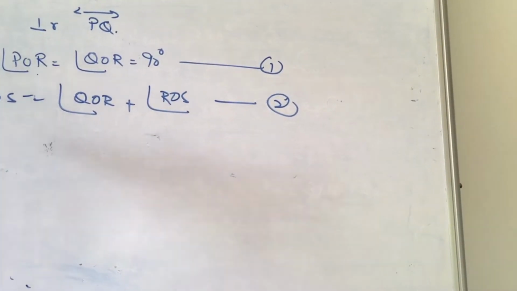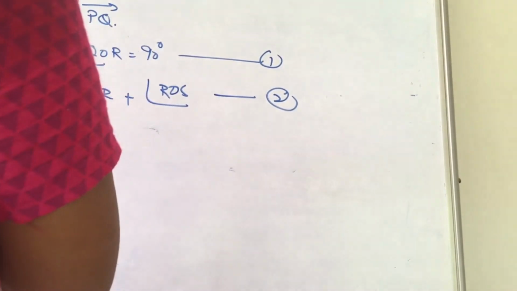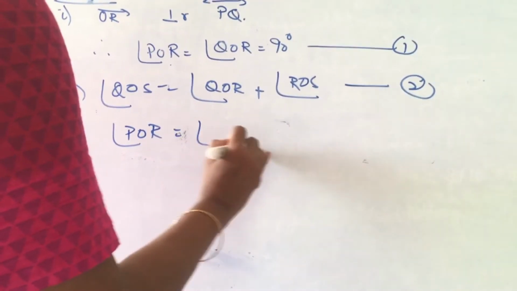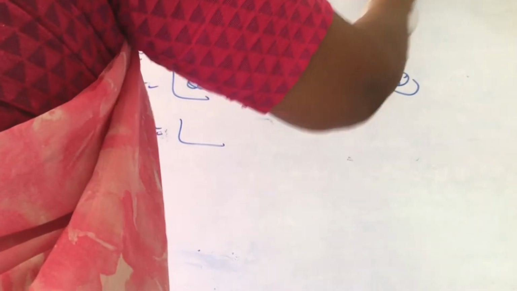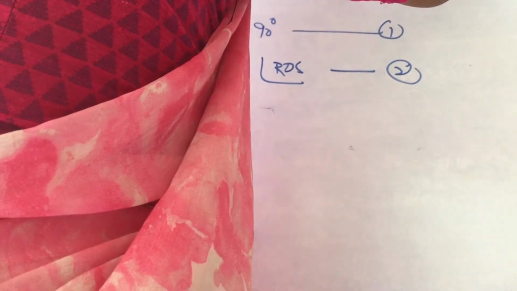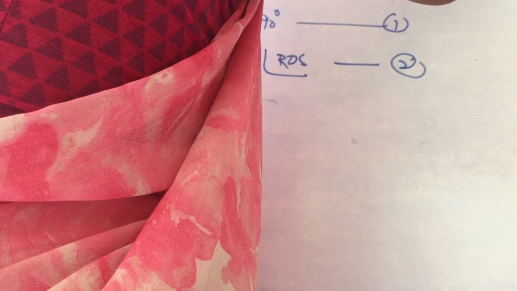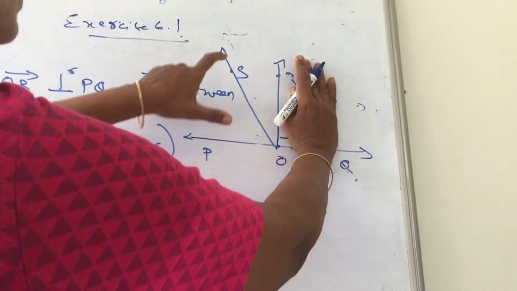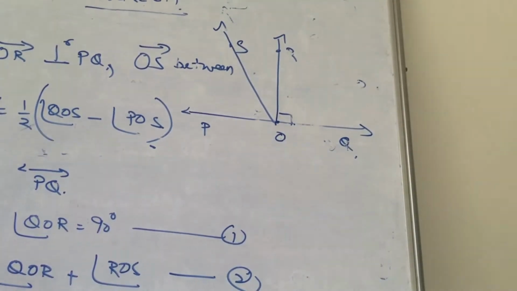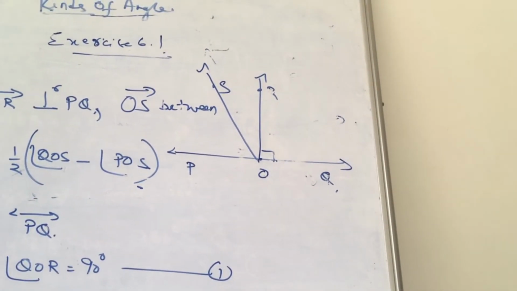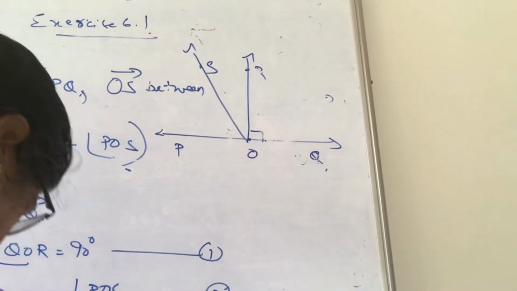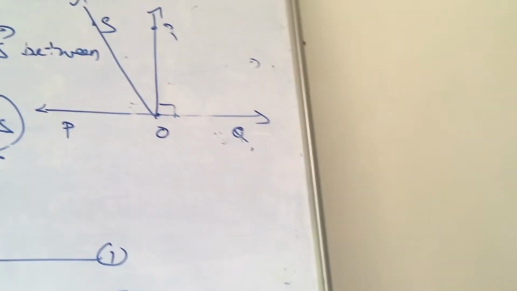Third one. What is angle POR? Name the angles in POR, children. Angle POS, angle SOR. Angle POR is angle POS plus angle SOR. That is equation 3.